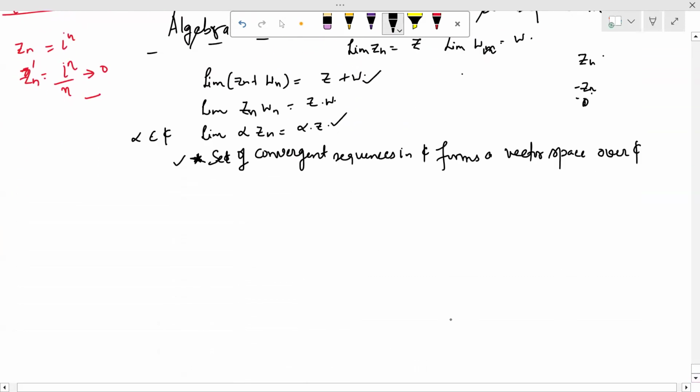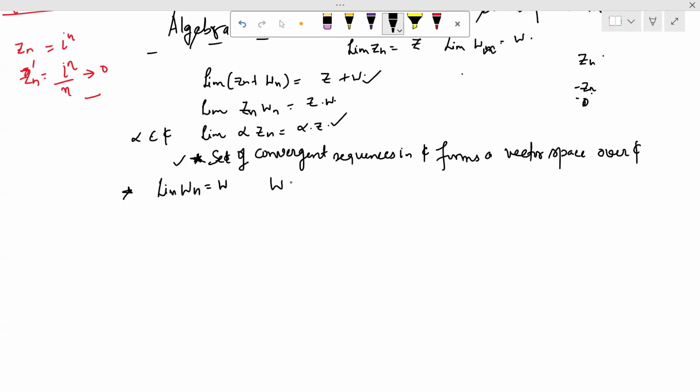Another important hypothesis is, assume that the limit of Wn converges towards W and W is non-zero. Then obviously there exists some n belonging to the naturals such that Wn would be non-zero. So what does it mean?